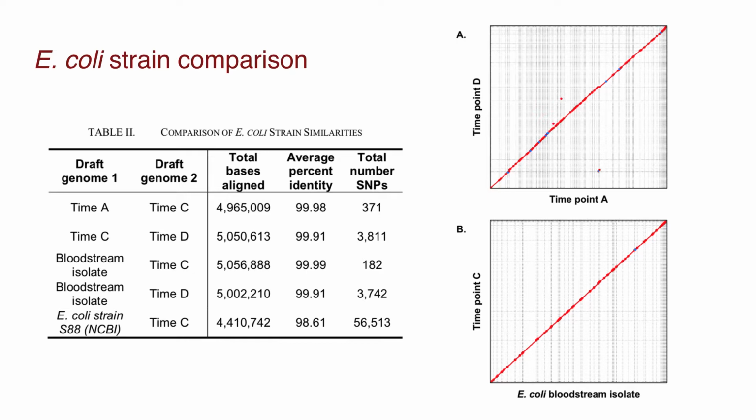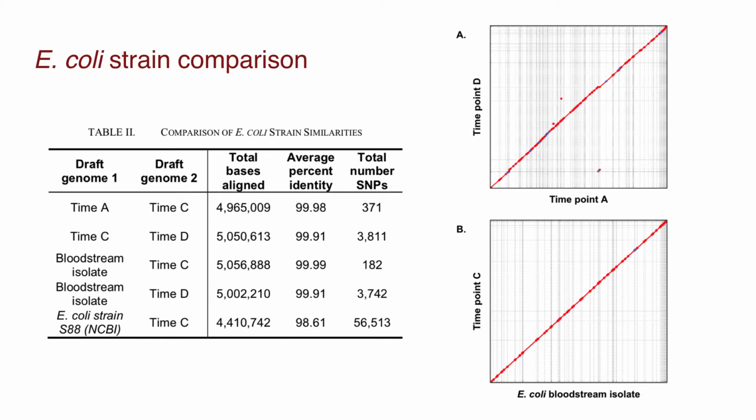So the way to read these plots, called synteny dot plots, is that one genome is on the x-axis and one genome is on the y-axis, and there is a line plotted for every position where the two genomes are identical. And so if we were comparing two identical genomes, then we would expect a perfect diagonal line going from the bottom left corner all the way to the top right corner.